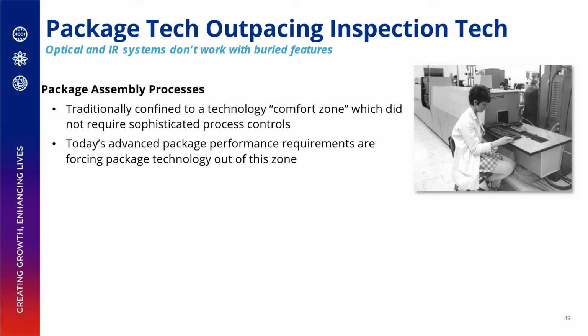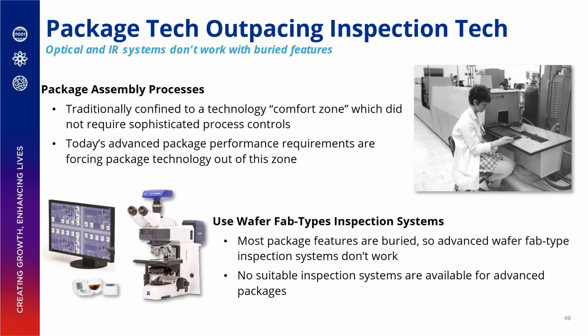It's just not enough time to train new engineers to look at it at a more leisurely pace. You want something fast paced, something that can do it quickly and in an automated sense. And most of these defects that we're looking at are buried inside the structure. That's why we need to cross-section these data to look at the buried components which are creating some defects in the chip.